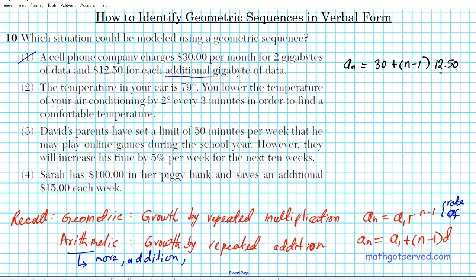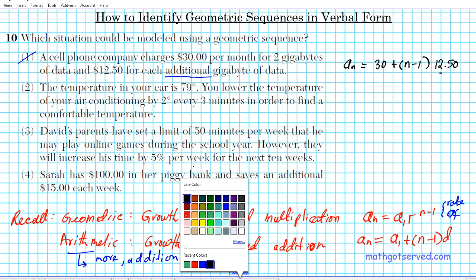Alright, let's take a look at question number 2. It says the temperature in your car is 79 degrees. You lower the temperature of your air conditioning by 2 degrees every 3 minutes in order to find a comfortable temperature. So is this an arithmetic sequence or a geometric sequence? The operation that we're looking at here is lower. Okay?